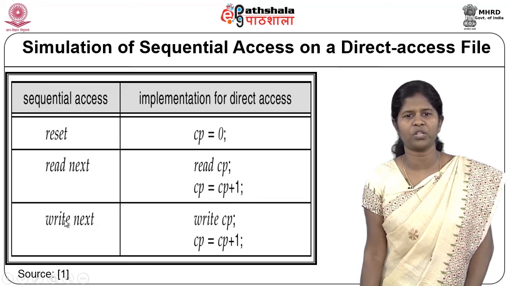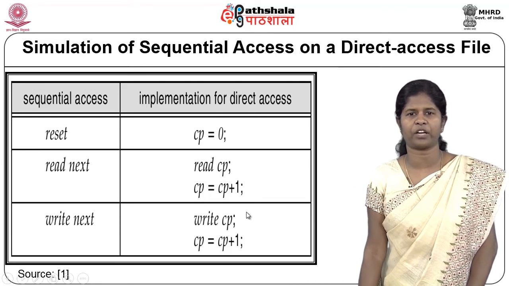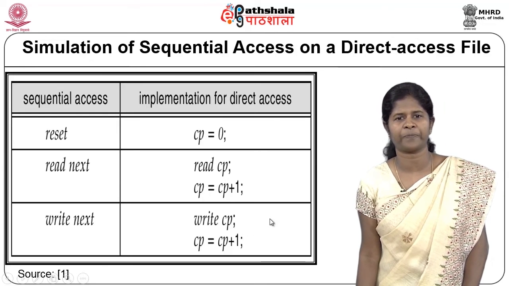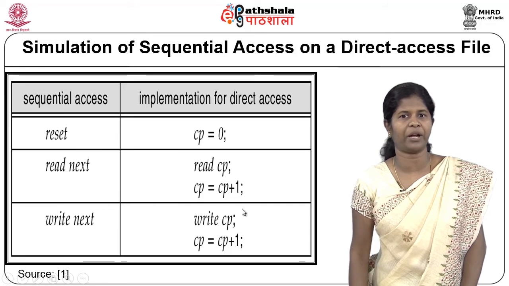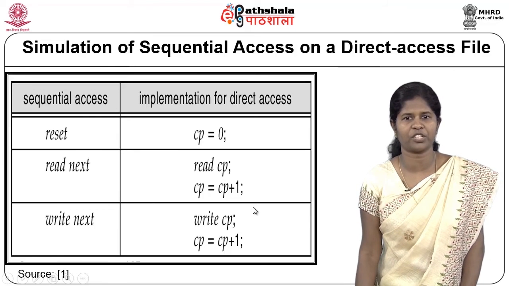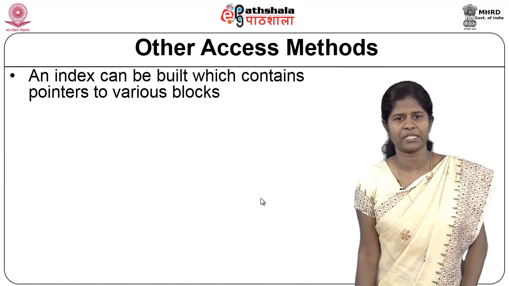Similarly, writing the next is write at the current position and then increment the current position by 1. So, you can simulate sequential access on a direct access file, but direct access cannot be simulated on a sequential access file.